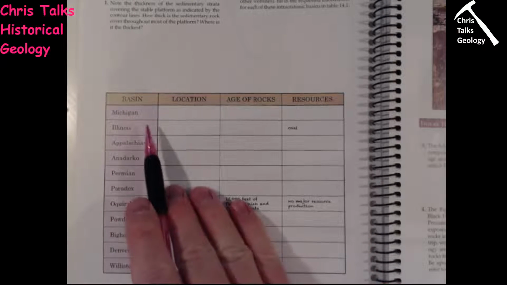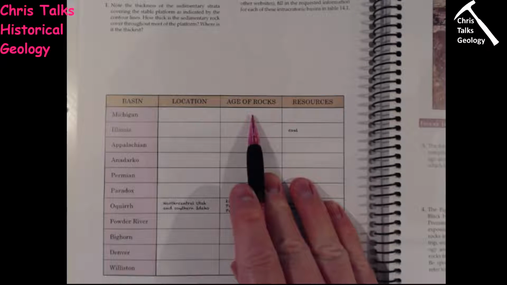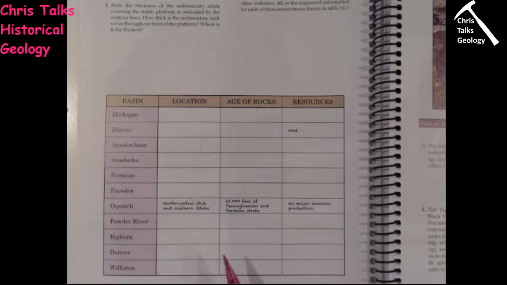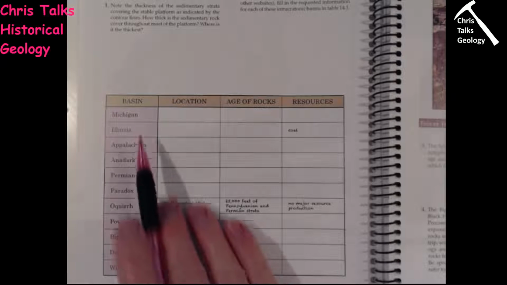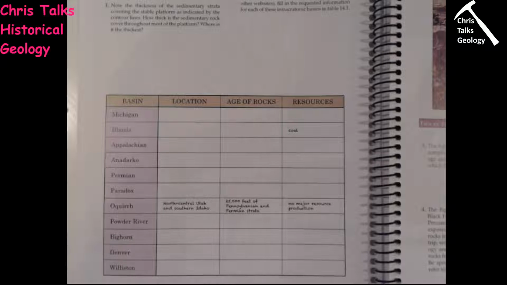So for each of these basins, you're going to write the location, the age of the rocks, and the resources that we find in that basin. So, you know, most of the basins like the Michigan Basin, the Illinois Basin, the Appalachian Basin, you can find that information on Wikipedia really easily. So most of this table you can do very, very quickly by using both the textbook and Wikipedia and Google.